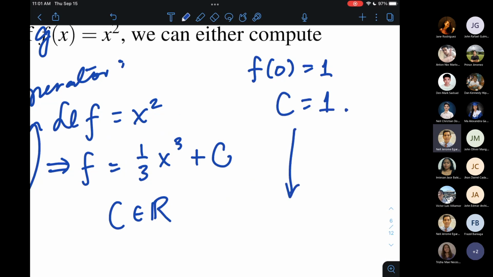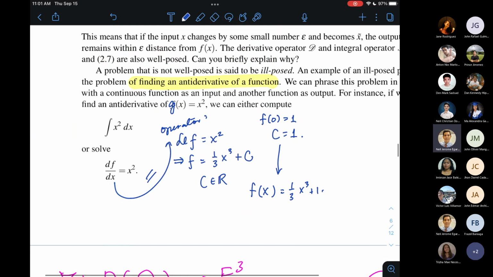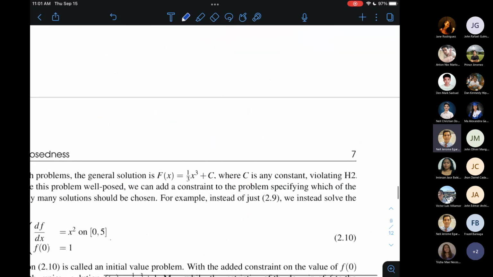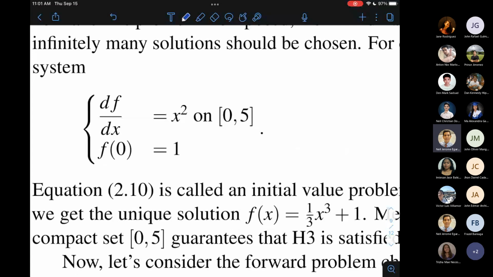So we get the particular solution, or in this case, the unique solution to our inverse problem, or to our constraint inverse problem, siya ay 1/3 x cubed plus 1. So nasatisfy na si H1 at saka si H2. Right? Now, for this problem to be well posed, kailangan masatisfy niya rin si H3.